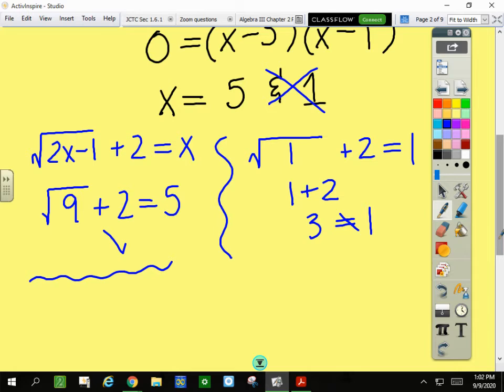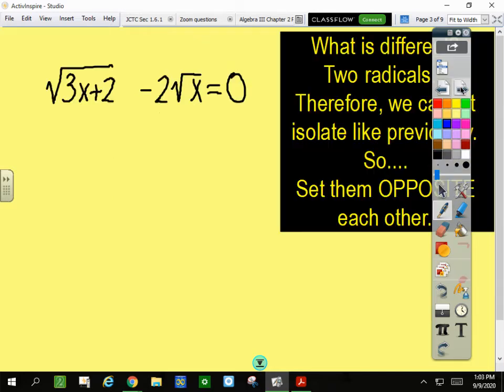Yeah, so it holds that 5 is the only solution. 1 was originally a solution, but it was extraneous, so it's out. We have 1 or 2 more. They just get progressively a little more difficult or different.